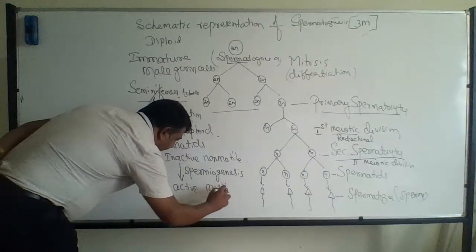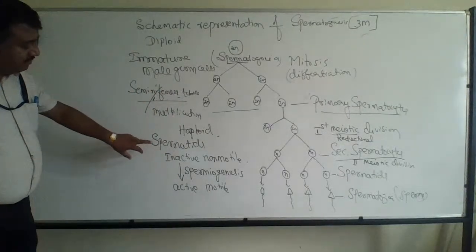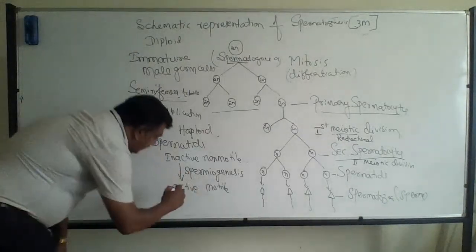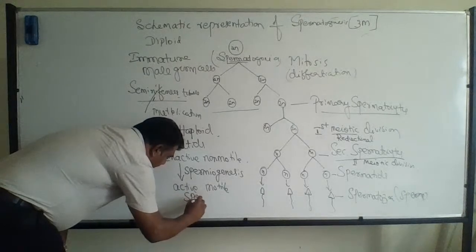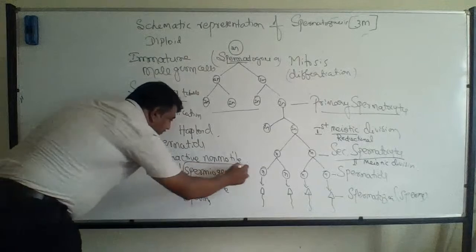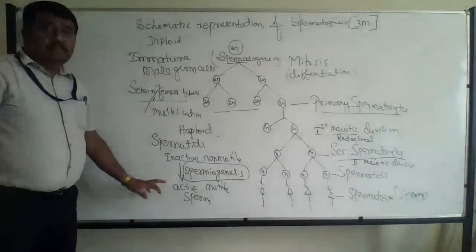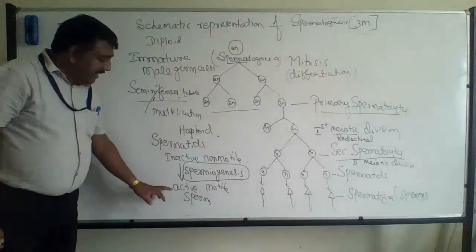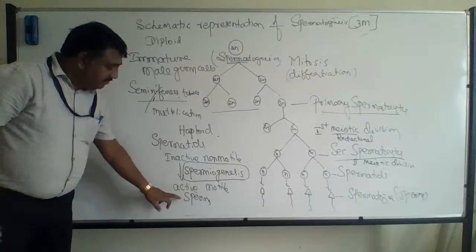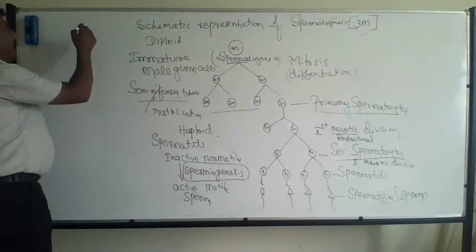The inactive, non-motile spermatid is converted into an active, motile sperm by the process we call spermiogenesis.